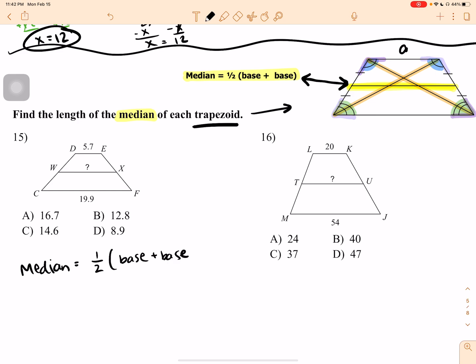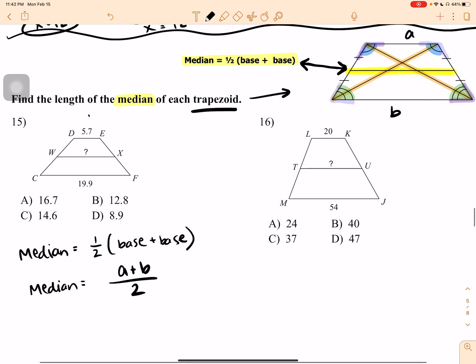So that basically means base A plus base B. So if you want, I can go ahead and put just an A and a B here. So another way to rewrite a median, you can write A plus B, and 1/2 of that would be divided by 2. So if that's a little bit easier, that's totally fine.